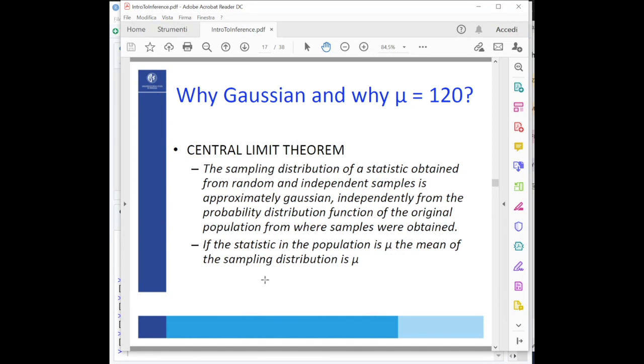The sampling distribution of every statistic obtained from random and independent samples is approximately Gaussian. Approximately Gaussian. Indeed, it is not necessarily Gaussian, but it's very close to a Gaussian. In some instances, it's purely Gaussian. In some other instances, it's approximated. But still very similar to a Gaussian. And please consider that we are not doing maths here.